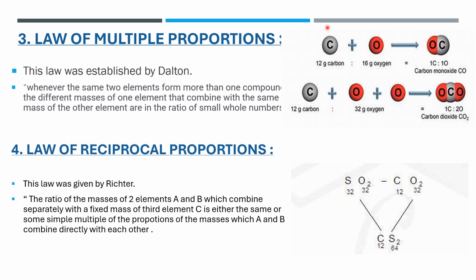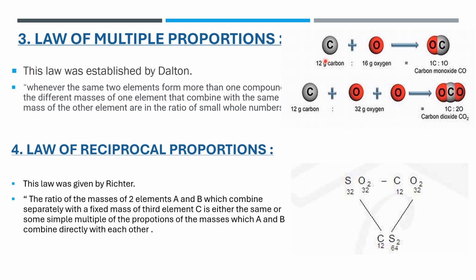And what happens is that they combine with the same mass of the other element. When oxygen combines with carbon with its mass, it will combine with another mass of carbon in the ratio of a small whole number. That is nothing but their own ratio, right?